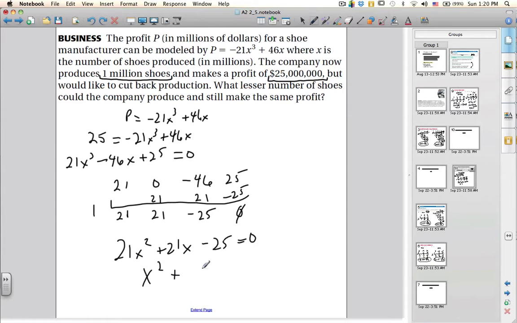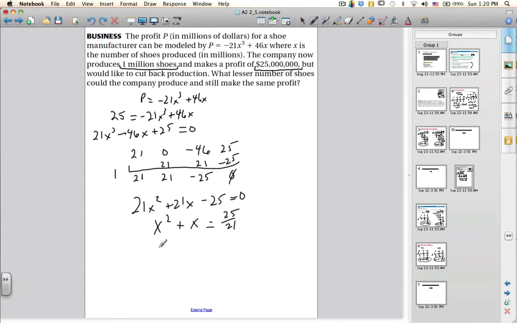So if I divide everything by 21, and I am going to add the 25 to the other side, that's going to be 25 over 21. And I'm going to take 1, divide it by 2, and square it. So 1/2 squared is 1/4. And that's going to equal 25 21sts plus 1/4.